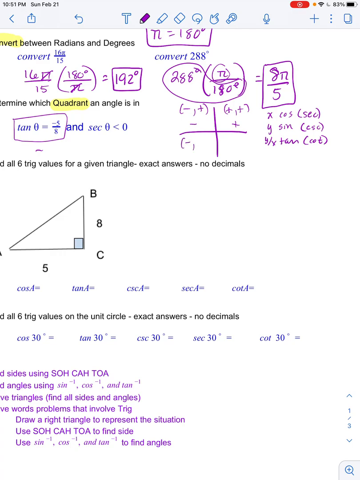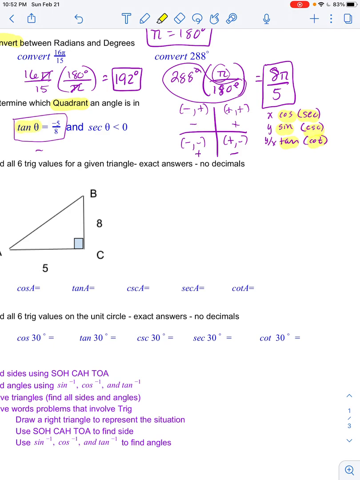Down here, I have a negative x and a negative y, so combining them with division, I'd get a positive because they'd cancel out. And over here, I'd have a positive x and a negative y, so again, their combination would be negative. So I'm talking about it in terms of x and y because that's easier, but in the end, it'll talk to me about it in the trig functions.